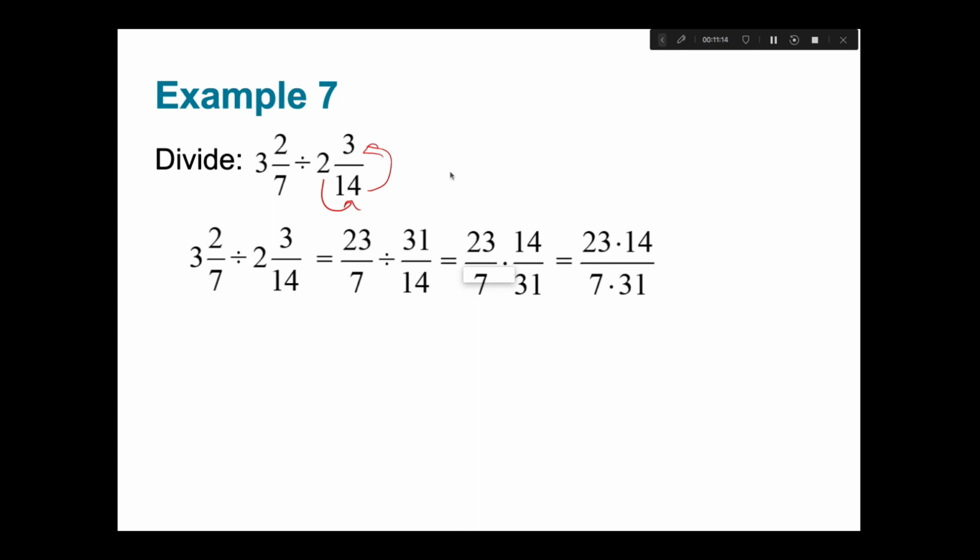So now it gets a little easier because we're just taking 23 times 2 and 31 times 1, which is 46 over 31. 46 is bigger than 31, so I can turn that back into a mixed number.